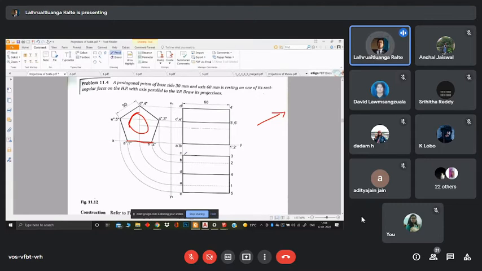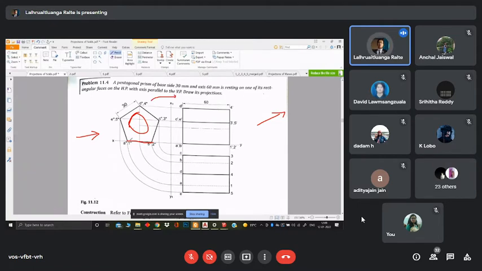We need the profile view. So we start from the profile view, and as we tend to draft in this direction, it is easier for us to go in this direction and get everything right.